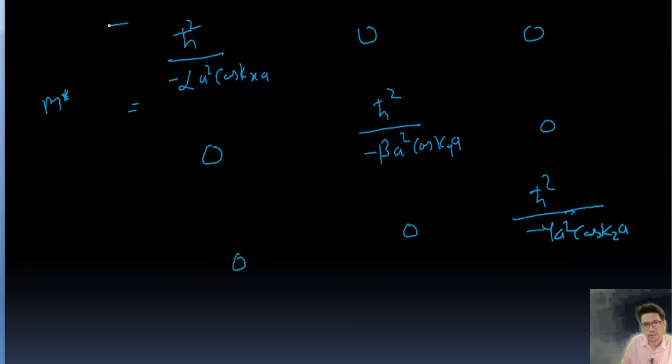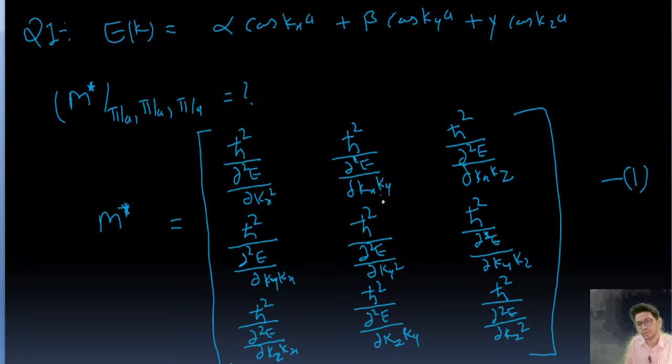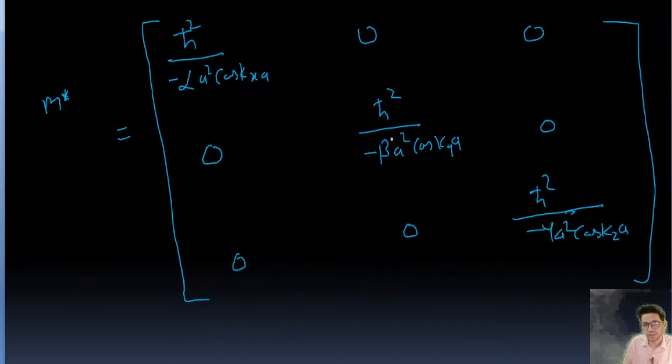So this is going to be the value for m star. Very simple differentiation. We have just put the value here. We have differentiated this with respect to kx, ky, and kz, so only these values remain and the others become 0. Simple partial differentiation, guys.